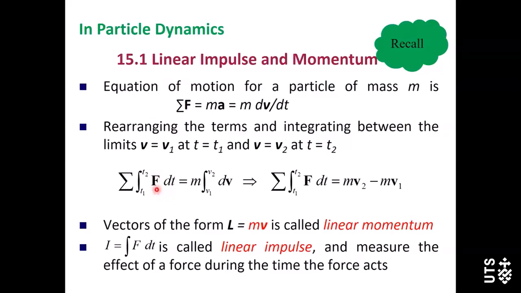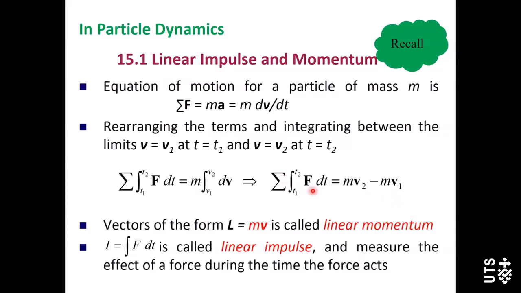Here, this F may be a variable or a constant. On the right side, this is the integral with respect to velocity v. We know mass m is a constant, so the right side can be expressed as mv2 minus mv1.